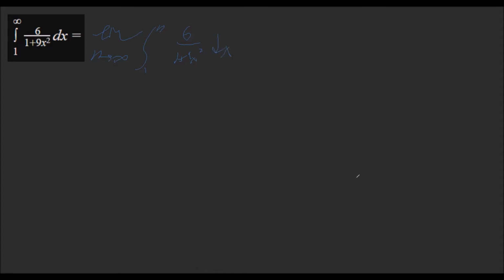One thing worth pointing out is that our integrand here, 6 over 1 plus 9x squared, almost looks like the derivative of arctan. Now I'll put the derivative of arctan down here just for a moment. We can see that the derivative of arctan is equal to 1 over 1 plus x squared. And so if we can somehow get our integrand to look like the derivative of arctan x, we can simply integrate and end up with arctan x, or arctan whatever.